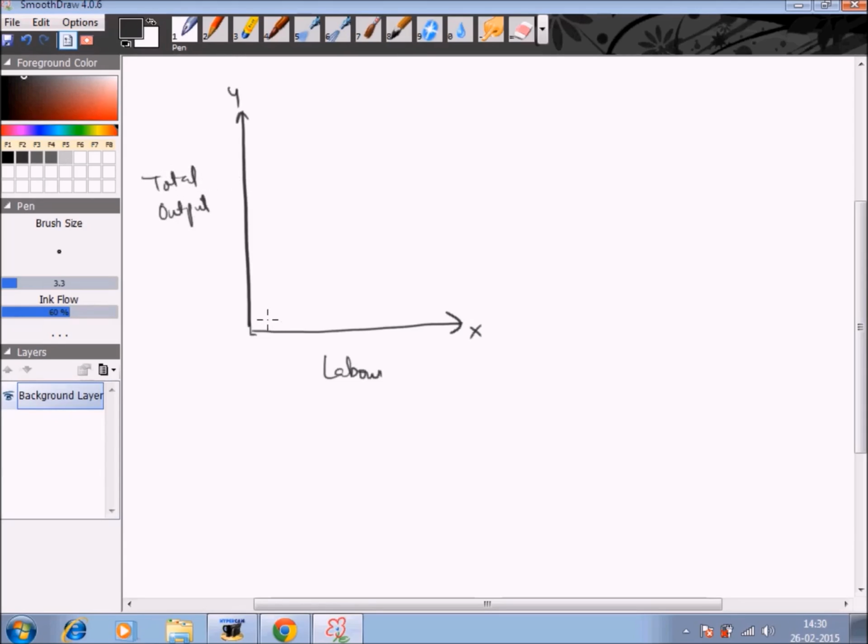As we employ variable inputs on the fixed inputs, my total productivity initially increases at an increasing rate, and then it increases at a diminishing rate, and then it starts going down. So this is the total productivity curve. Up till this point it was increasing at an increasing rate.